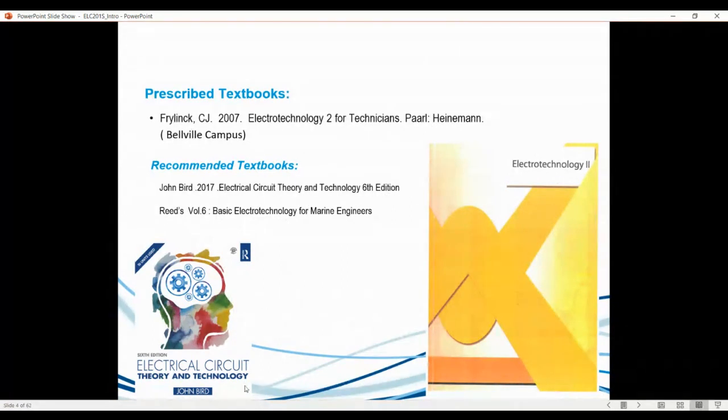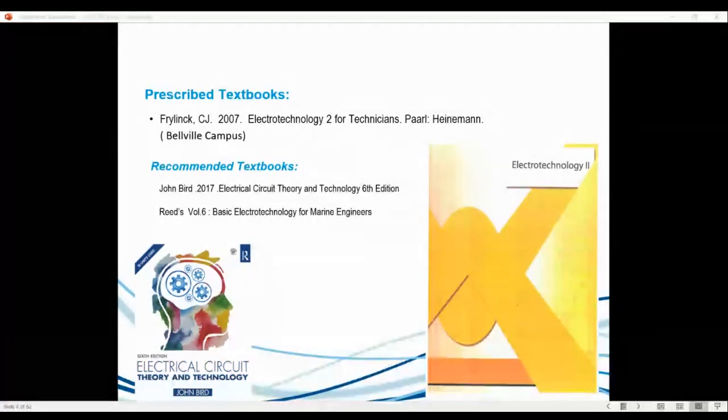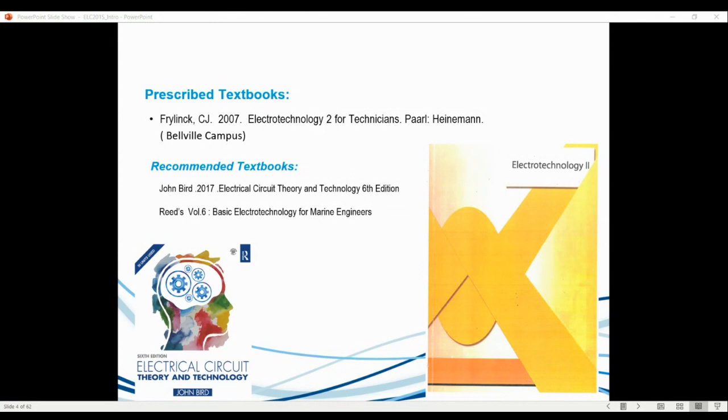So is everyone familiar with these textbooks? Does anyone have them currently? Can I just see? Hello, students. Not yet. Okay. So these are textbooks you're going to need.